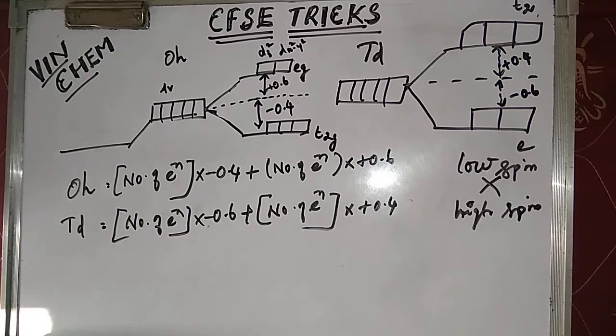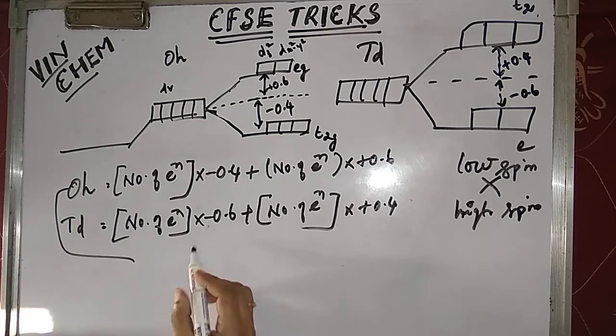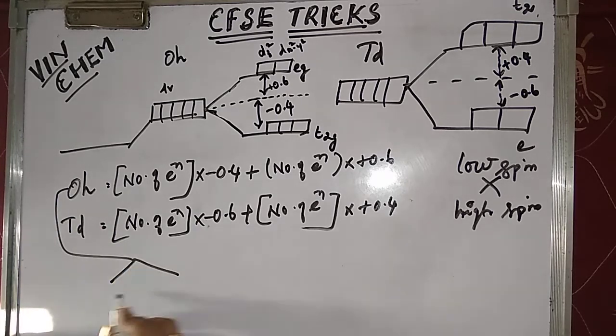Here, in the octahedral field, two things are possible. One is a strong ligand, another one is a weak ligand. The strong ligand gives low spin, and low spin means pairing takes place.